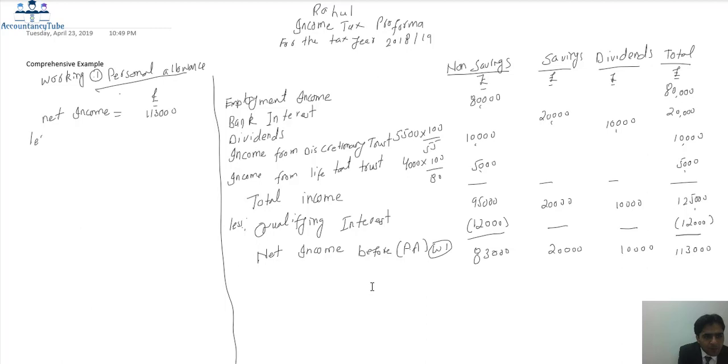That is before personal allowance, less personal pension contribution, and that's our gross amount. And it was how much? Personal pension contribution, net amount was £16,000 multiplied by 100 over 80.